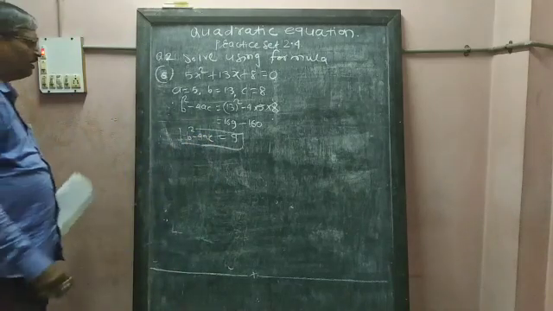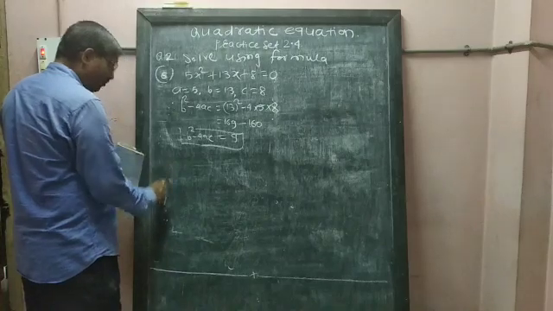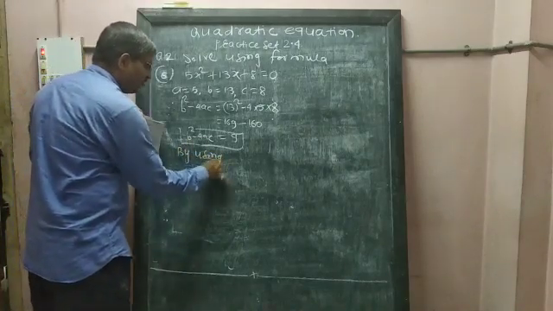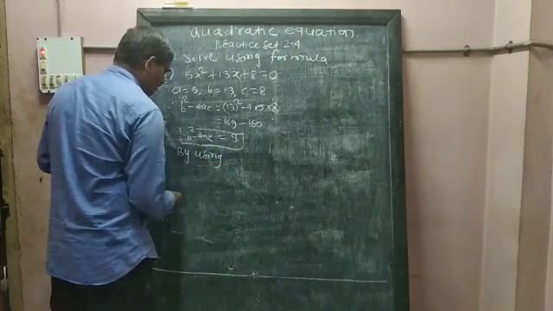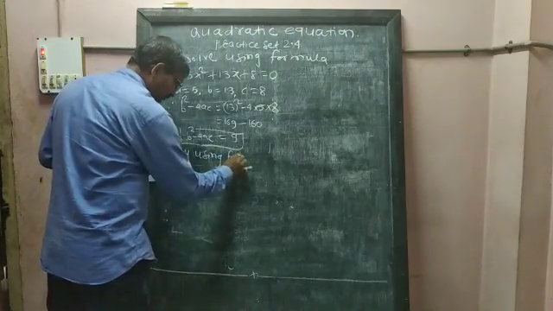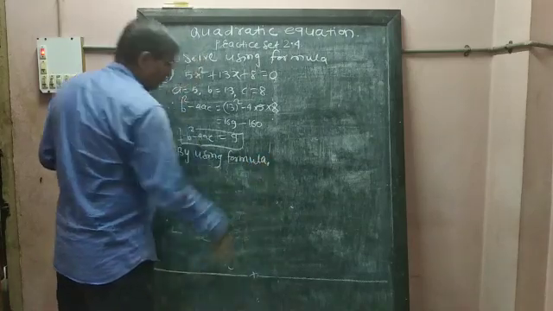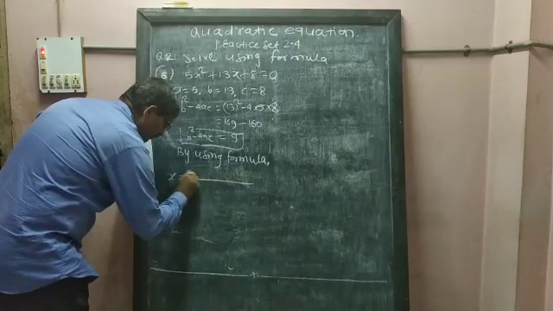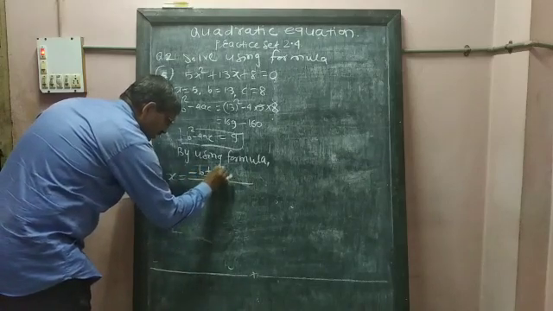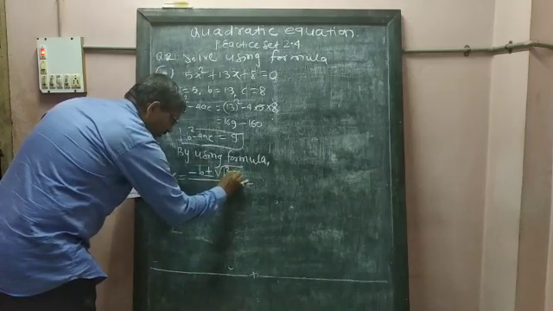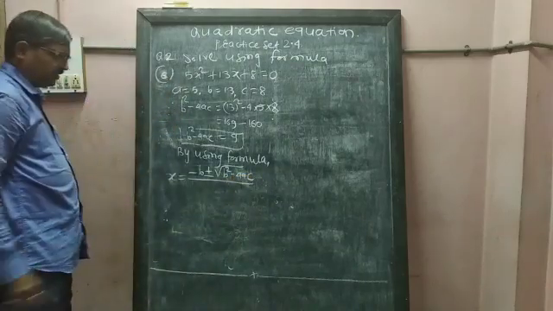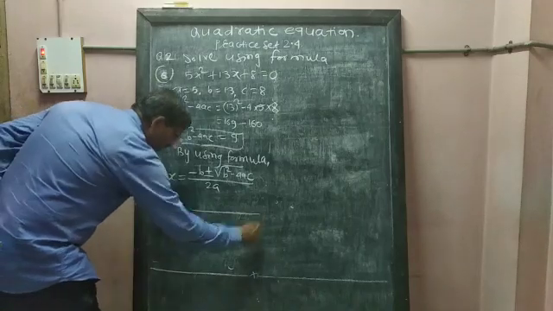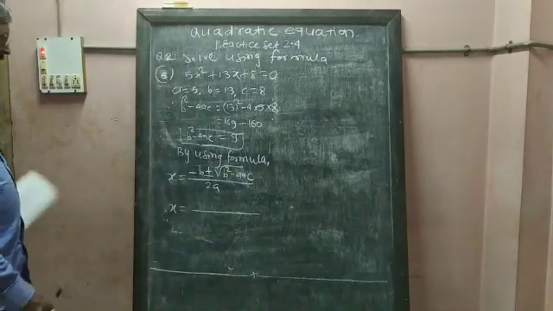It is very simple. Now we will use the formula. By using the formula, before this we have not written it, but writing it in the last question. What is the formula? X is equal to minus b plus minus under root b square minus 4ac upon 2a. Therefore x is equal to, what is minus b?